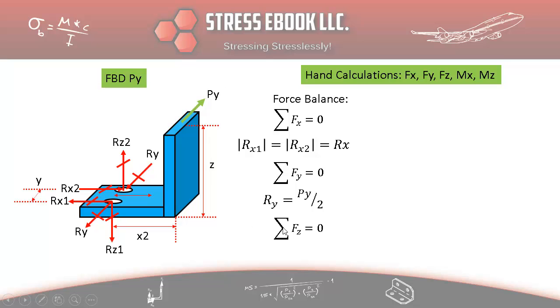The next equation is sigma Fz equal to 0, and in this case we have the absolute values of these two fastener reactions due to the applied moment from this Py about this x-axis. So this Rz1 and Rz2 are like a force couple, and they will be equal and opposite.